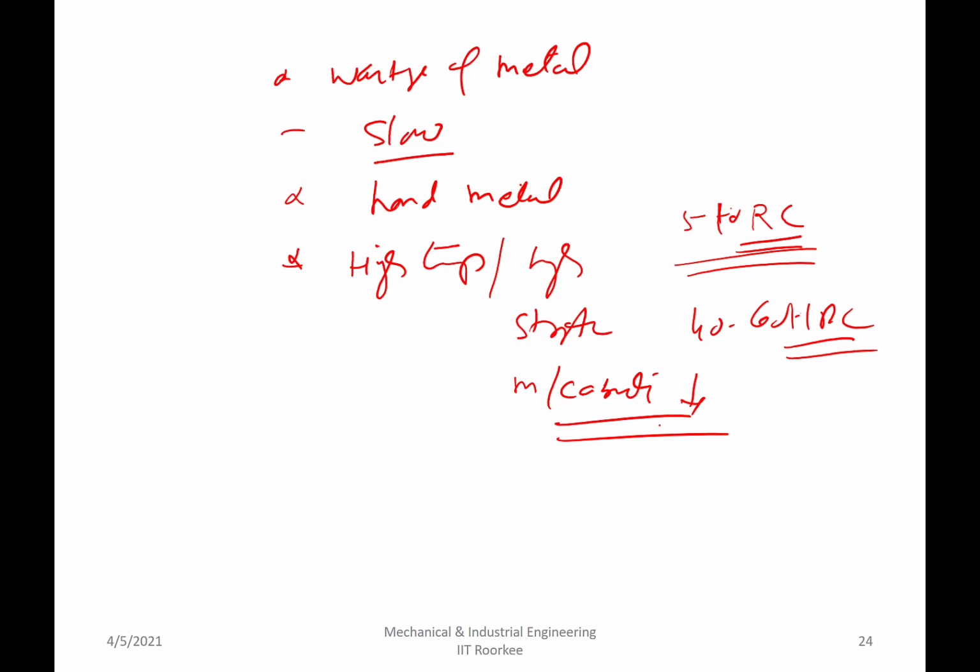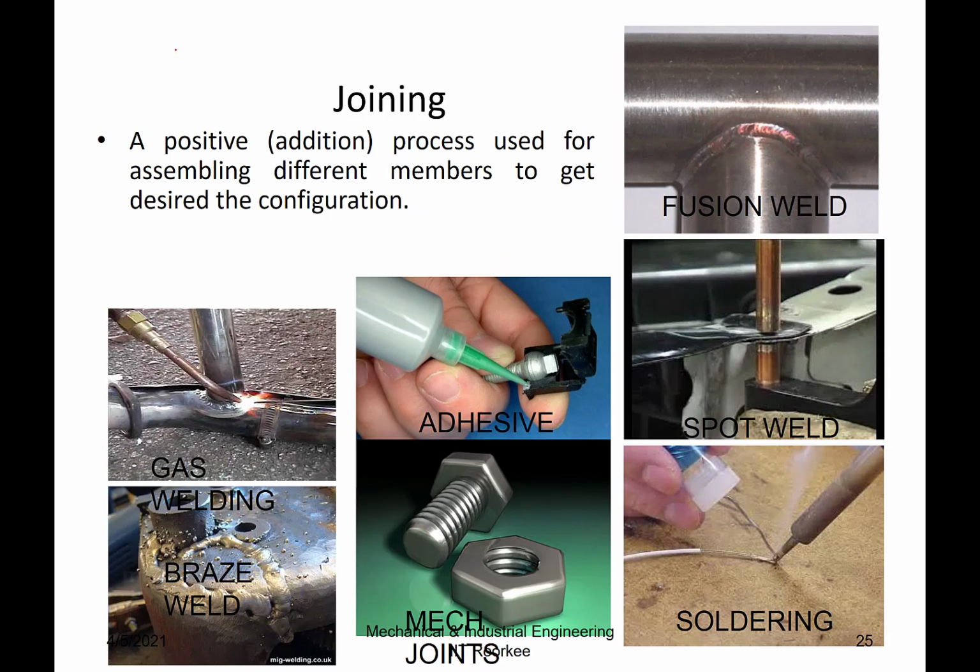For these metals, we use advanced or unconventional machining processes. Machine tools are very costly, so you have to make the investment, and for performing the machining you need skilled labor. So these are some of the negative aspects associated with machining.